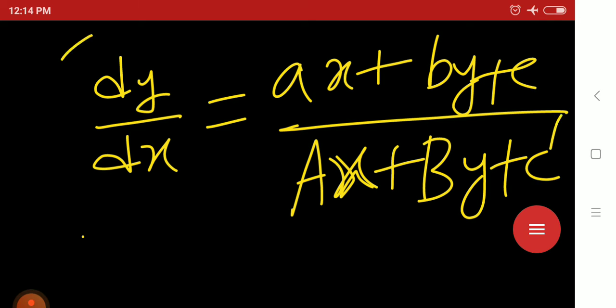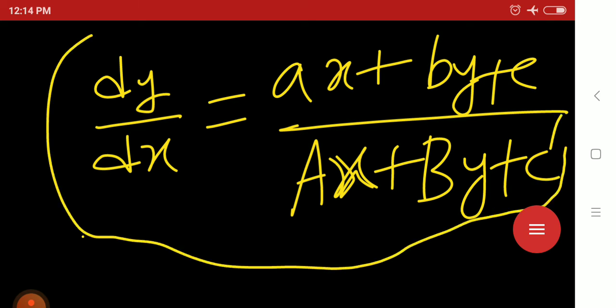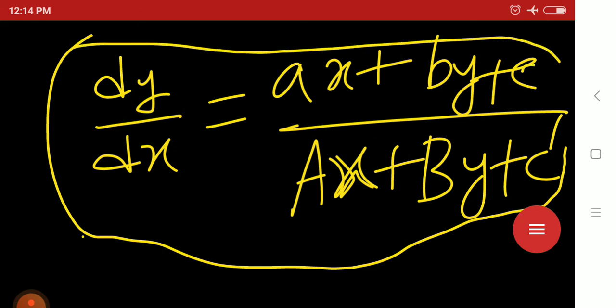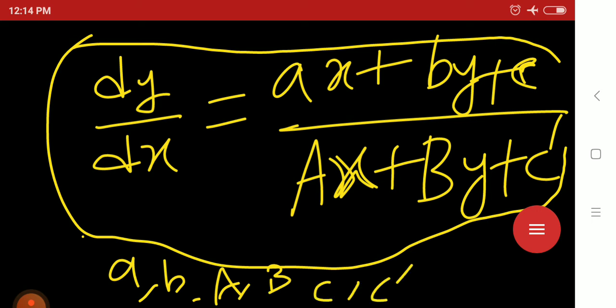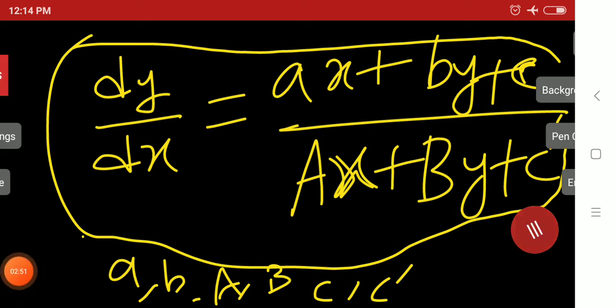If you find such a form, where a, b, c, capital A, capital B, c prime are all constants, then you have to take equation reducible into homogeneous equation.